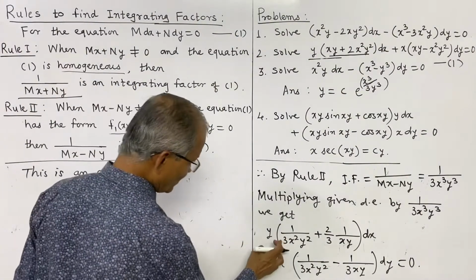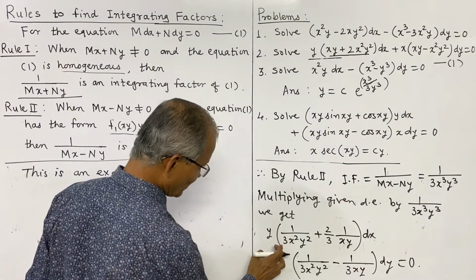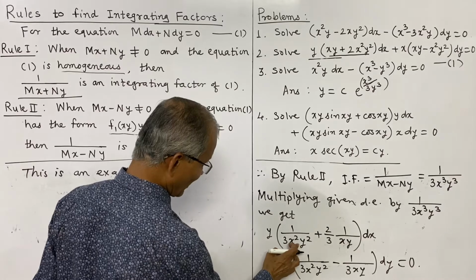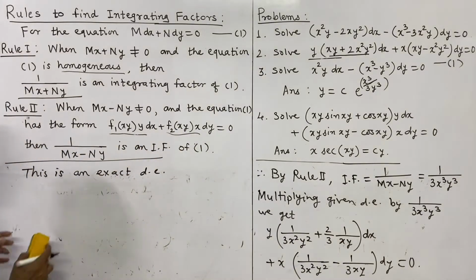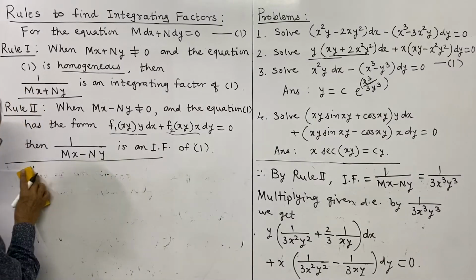See, 1 upon it can be written as 1 upon 3x square y plus, or we should simplify this first and then we will go further.